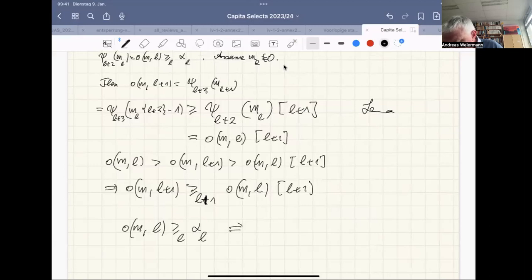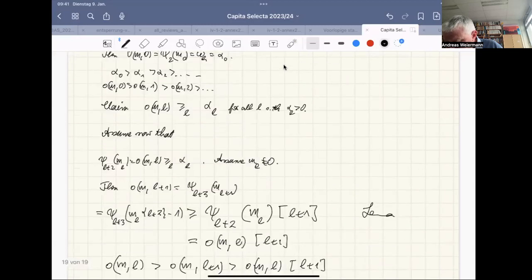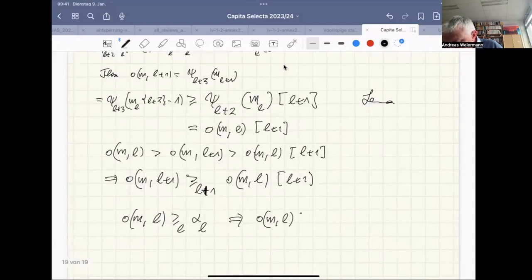This yields that O of ML. Now apply the fundamental sequence at argument. I have to check. So alpha L plus 1 is alpha L at argument L plus 1. If I have here argument L plus 1, I can step down here to alpha L plus 1.